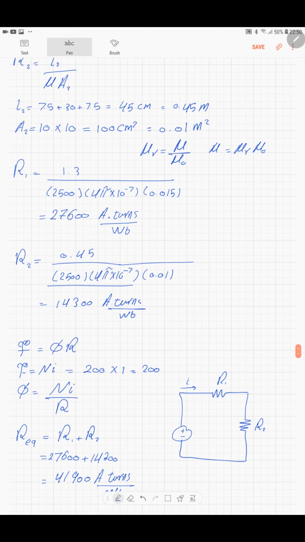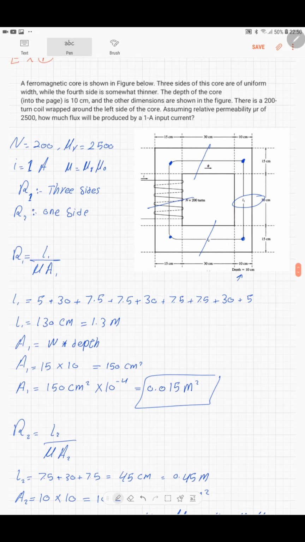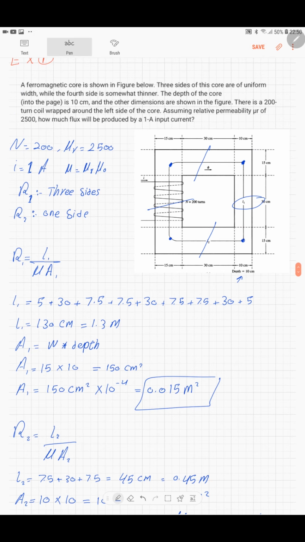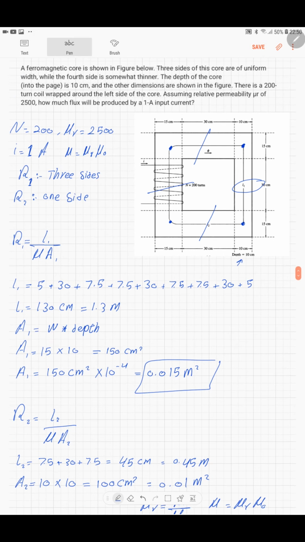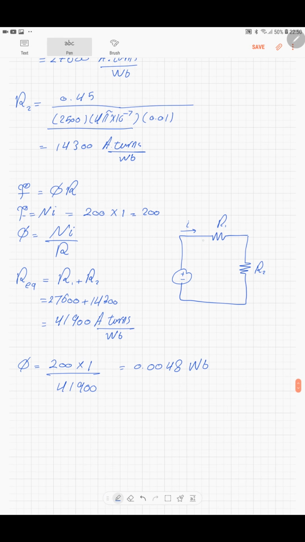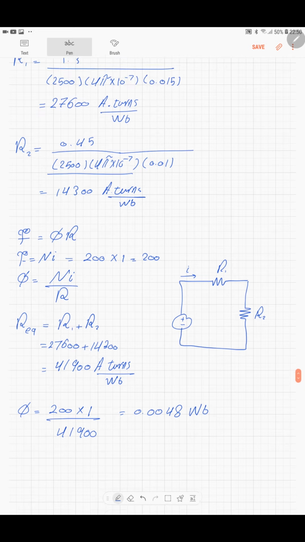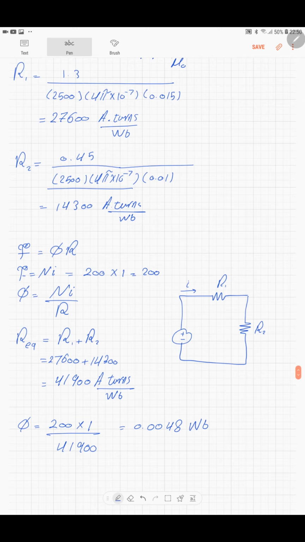Now, as we know, this magnetic circuit is just one circuit, so the flux will not be divided, just one flux throughout the circuit. So the reluctances will be connected in series. To get the total flux, we have to get the total reluctance. As we get R1 and R2, we can get R equivalent by just summing them.